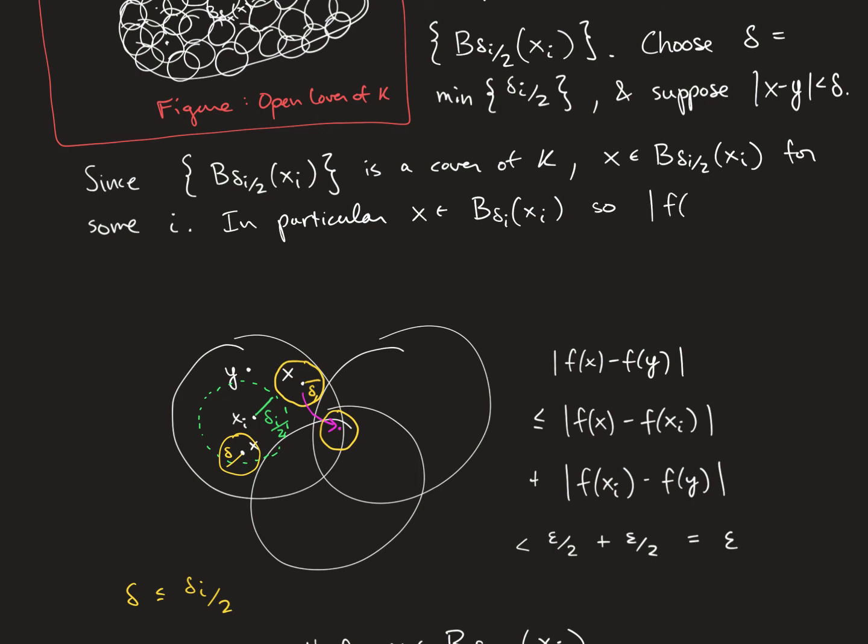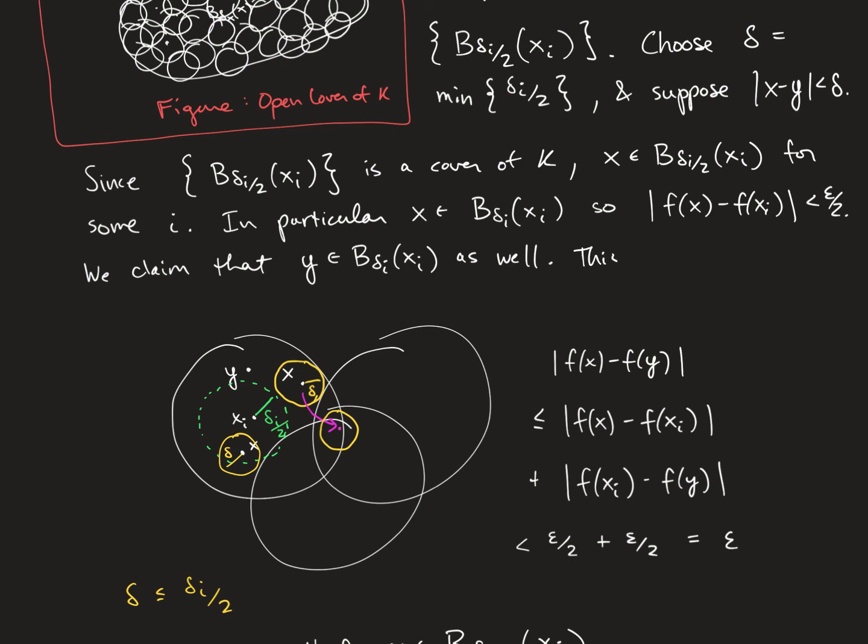So the distance between f of x and f of xi is less than epsilon over 2. Let's also claim that y is in the ball of radius delta i around xi as well. For this, we just have to measure the distance between y and xi. And remember, y is within delta of x.